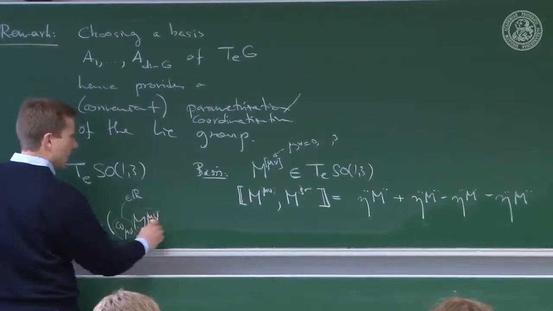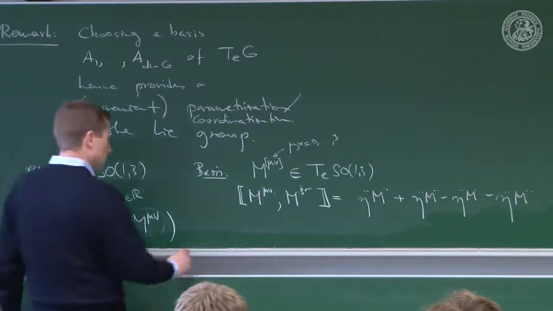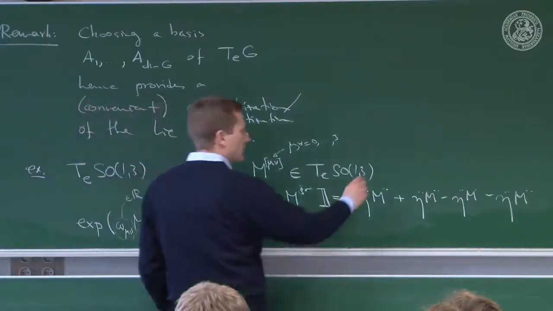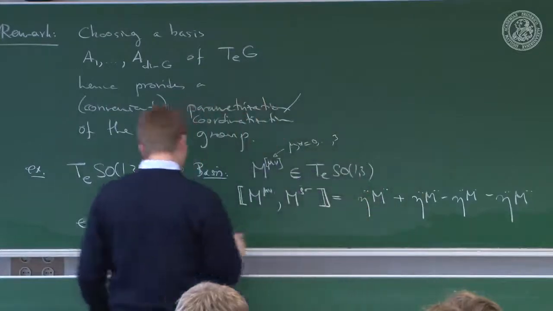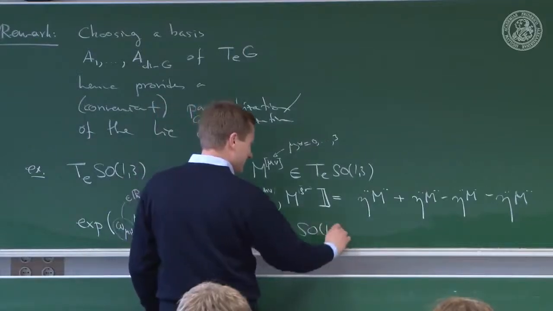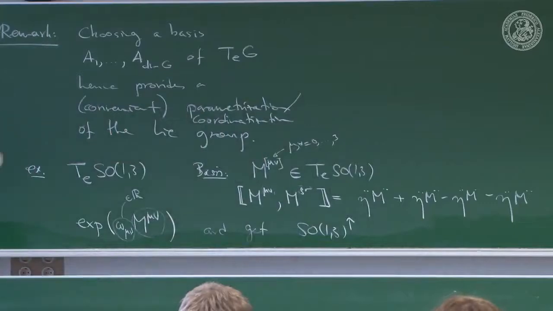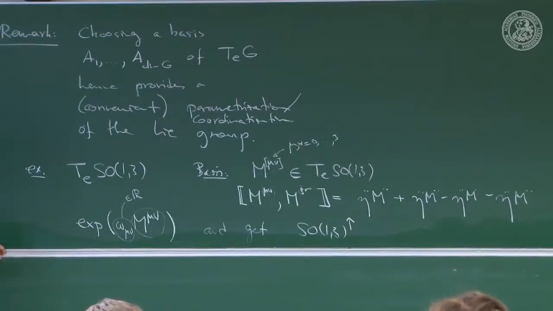And each of those guys is an element of the tangent space. And I can exponentiate those. And now I think, yeah, the only thing you get is you don't get back all of SO(1,3). I think you only get back the autochronous group, but please check this again. So where you don't have mirroring in the time direction. Where you keep future pointing vectors future pointing.